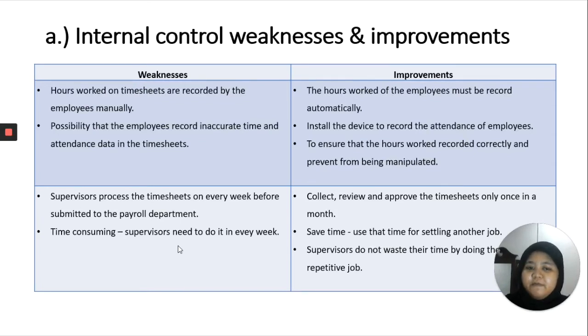For the improvement, the hours worked must be recorded automatically by using devices such as a fingerprint device and also a punch card device to record the attendance. This is to ensure the hours worked are recorded correctly and prevent manipulation by the employees.